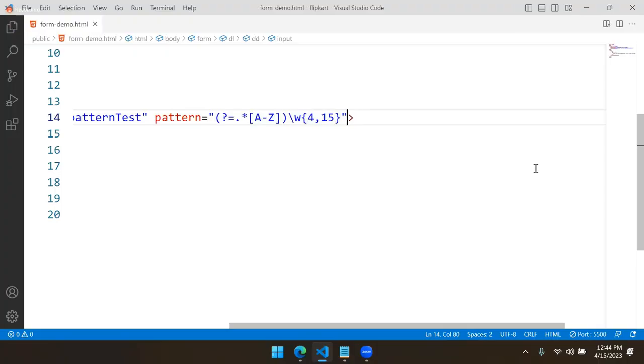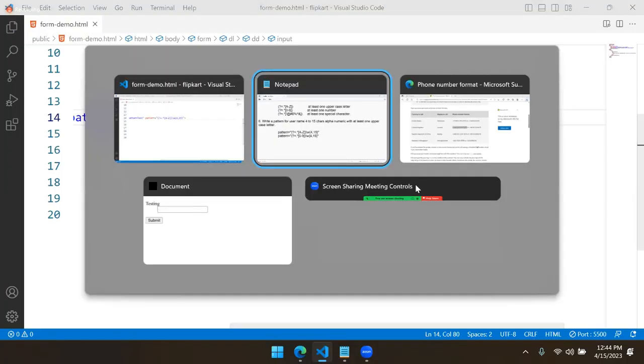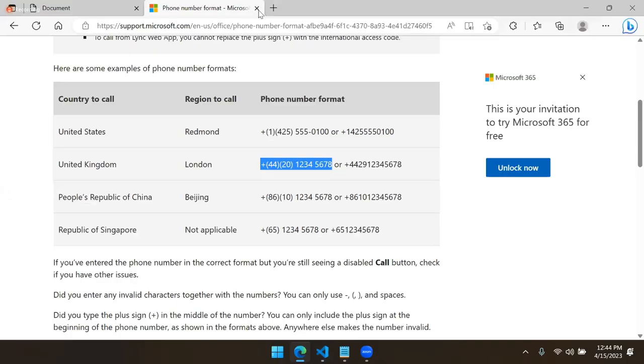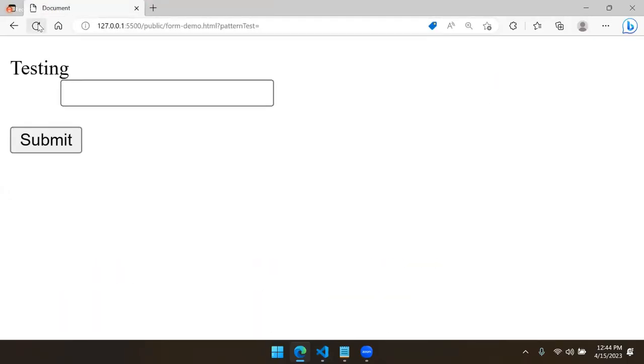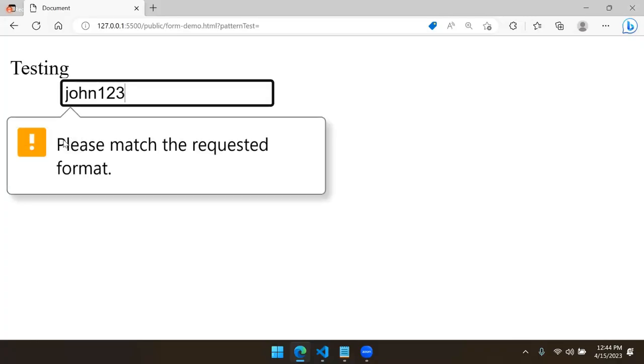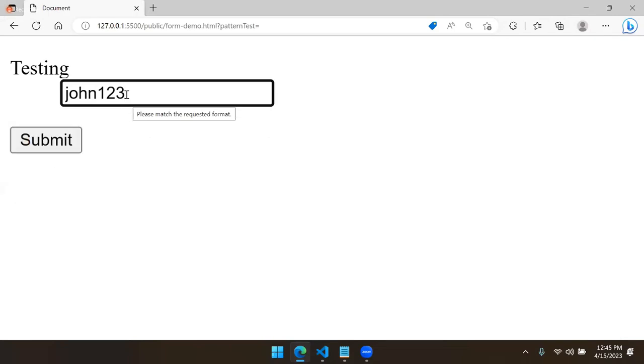Now see, I am typing the username here. Suppose I entered John 1, 2, 3 and click on submit. It's not allowed. Anywhere one capital letter is compulsory. Suppose I entered N as capital and submit. It submits now.